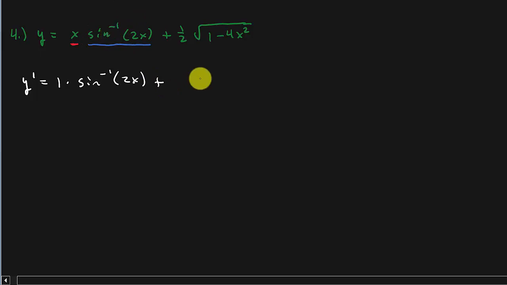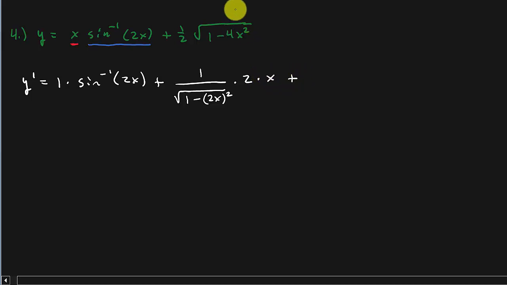Well, that's going to be 1 over the square root of 1 minus u squared. U is 2x in this case, so 2x squared, times the derivative of what we're taking the inverse sine of, so times 2. So this is the derivative of the second function times the first function.